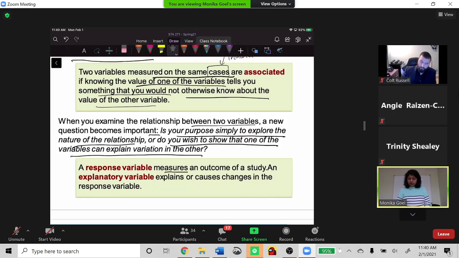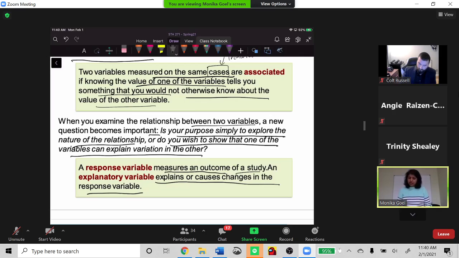A response variable measures an outcome of a study. An explanatory variable explains or causes changes in the response variable. So you need to identify which one is your explanatory variable and which one is your response variable.